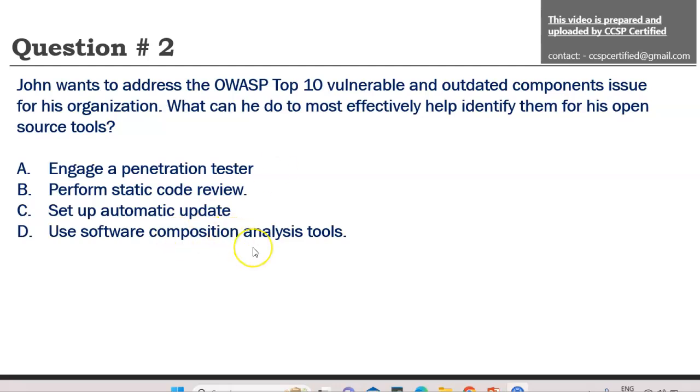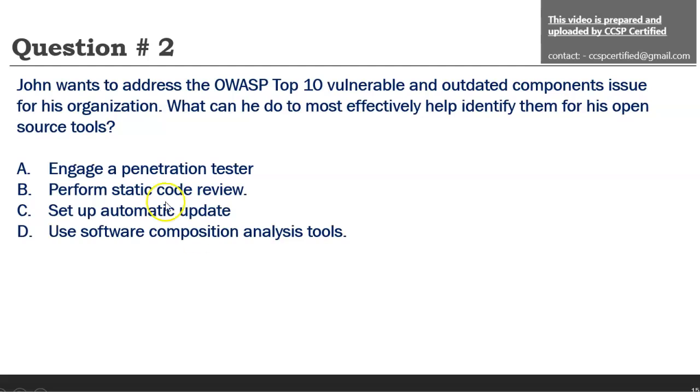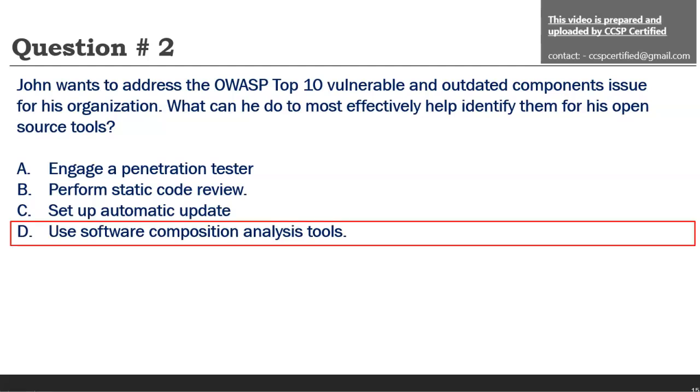Then using software composition analysis tools is more appropriate. With software composition analysis, you can identify which component is issued by which vendor and what versions are available. You can use this to identify the outdated component. So option D will be correct.